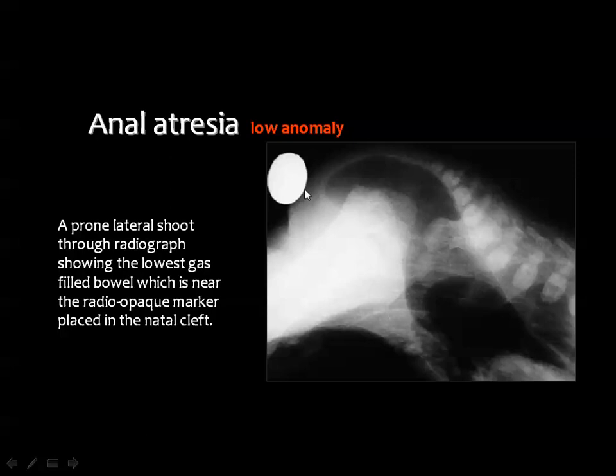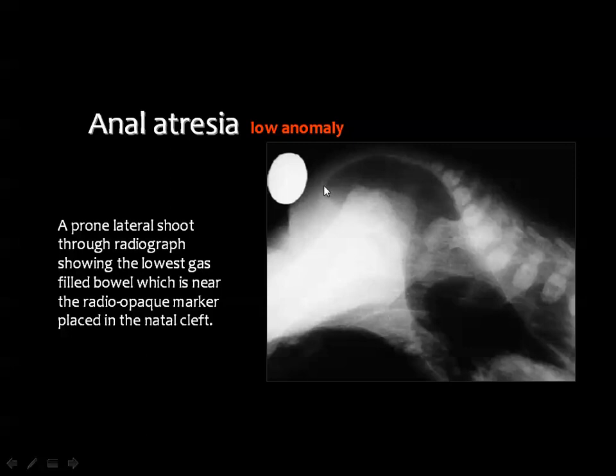opening, and the colon is atretic, and this is considered either a low anomaly or a high anomaly, depending on the site of the atresia in relation to the pubococcygeal line.